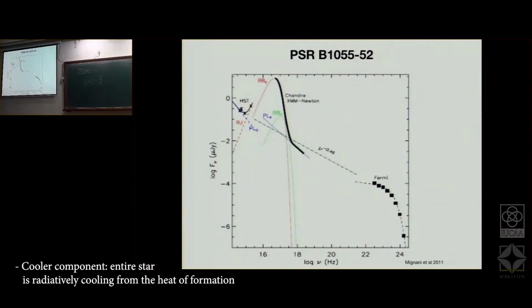The neutron star is born with a very high temperature, around 1 MeV or so, 10 to the power of 10 Kelvin. But gradually it's cooling down as that heat is taken out. And that gives rise to this overall cooling from the entire surface. But there is also enhanced cooling, or one more blackbody component from the polar cap, which is at a higher temperature. Now, which means that those polar caps must be heated by some additional mechanism.